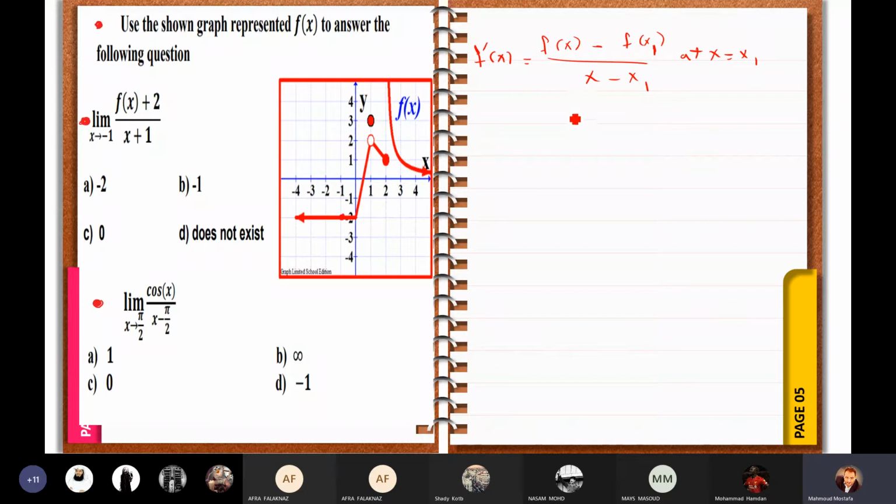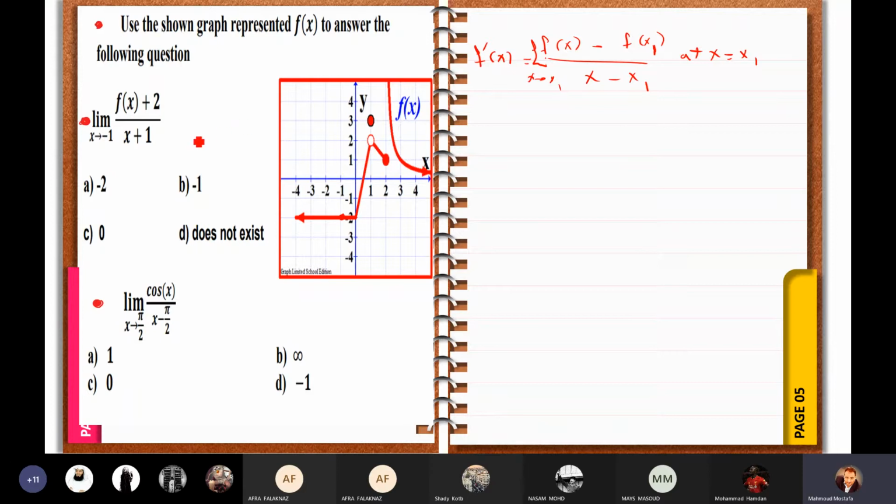From the definition, the limit when x approaches x1 of f of x minus f of x1 over x minus x1. This is the limit, this is the slope, okay? This is also the first derivative.